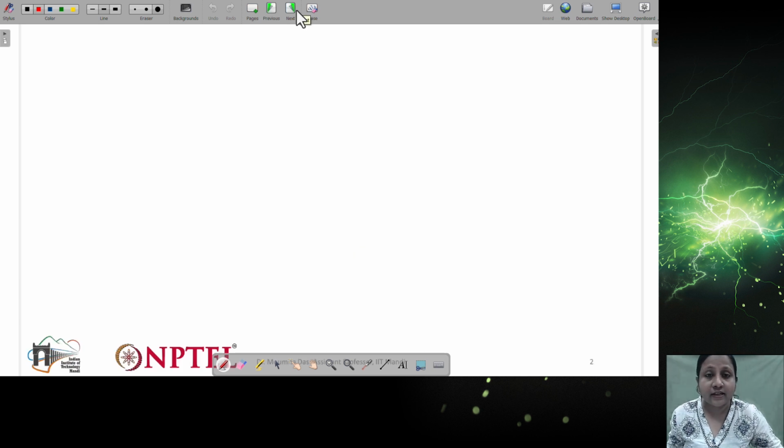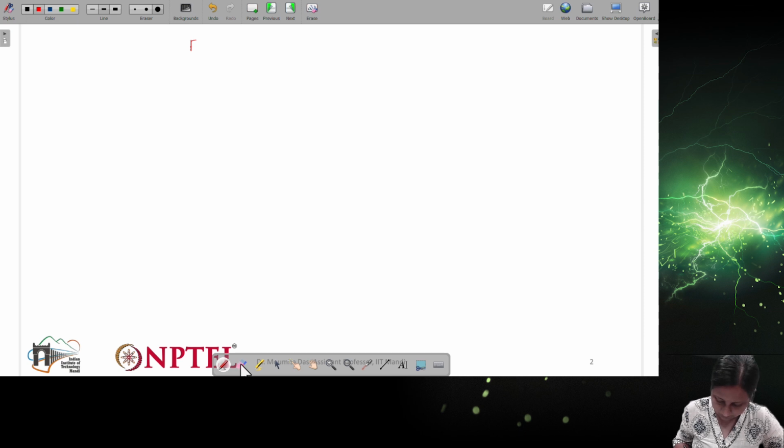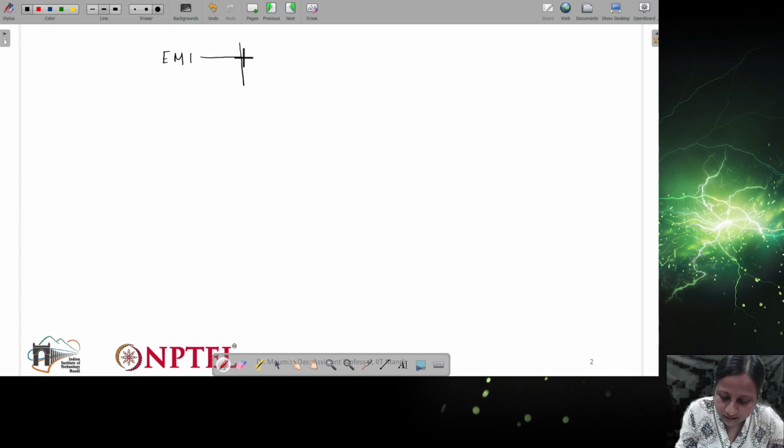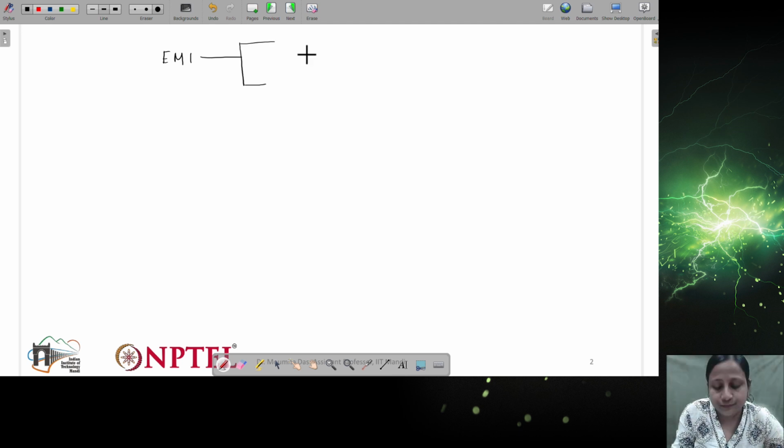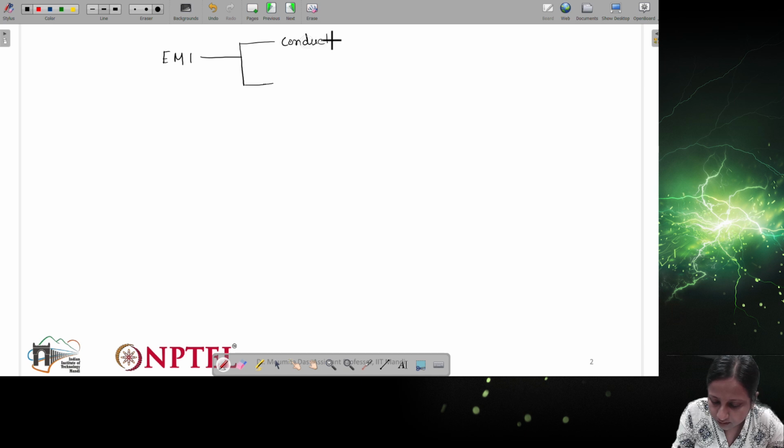As I have discussed in the last class, we have seen that EMI can be classified into two types: conduction mode EMI, or conductive type EMI, and then radiative EMI.